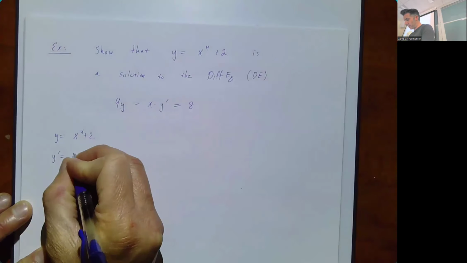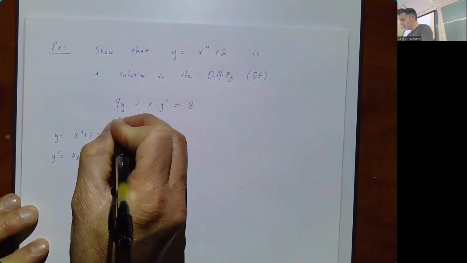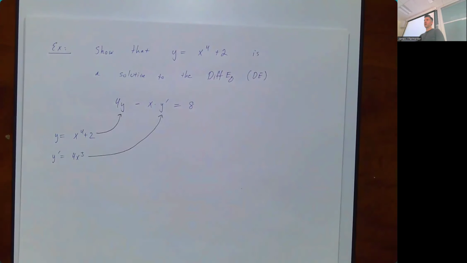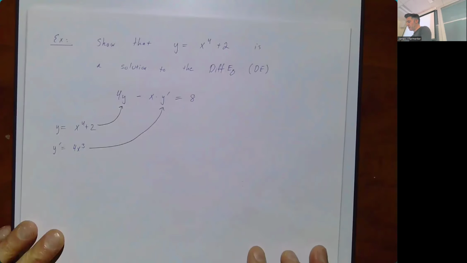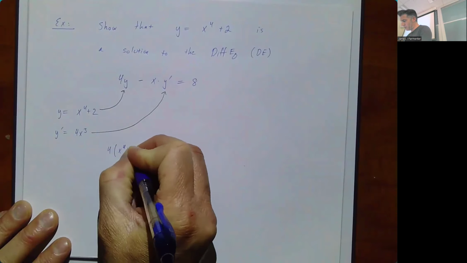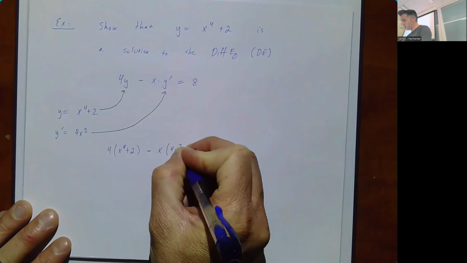So we know that y is equal to x to the fourth plus 2, and y prime, the derivative of that, is going to be 4x cubed plus 0. Then we're just going to substitute these things in where they occur in this equation. So I'm going to rewrite this as 4 times (x to the fourth plus 2) minus x times 4x cubed.